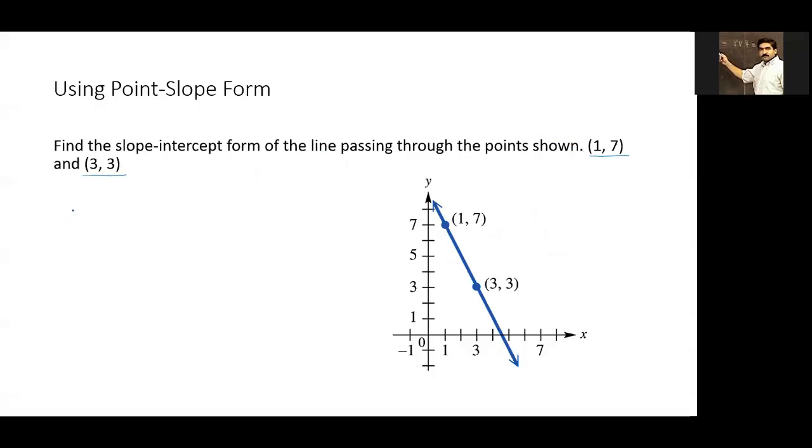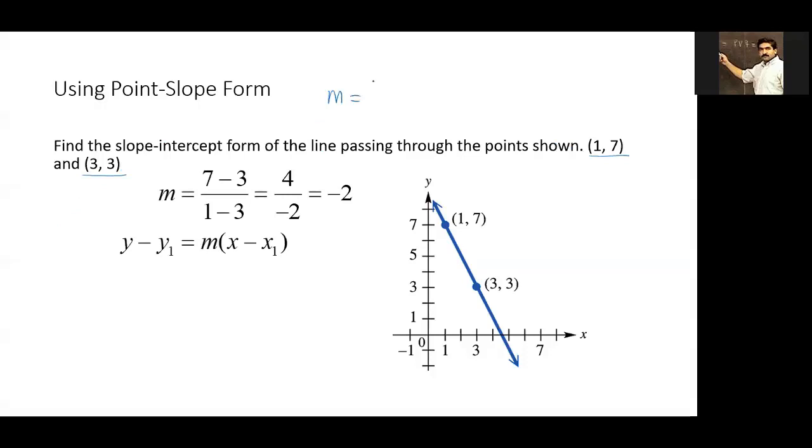The first thing I need is the slope. You recall slope is equal to y2 minus y1 over x2 minus x1. We're going to label these points point 1 and point 2.